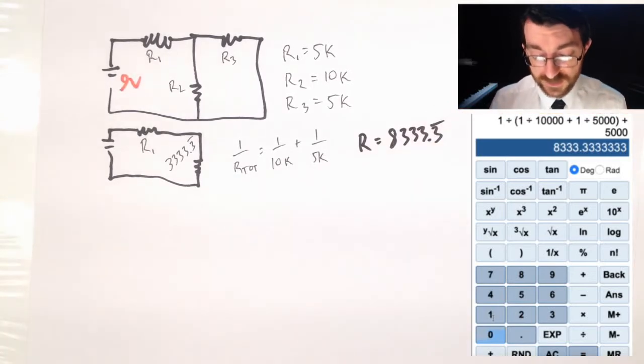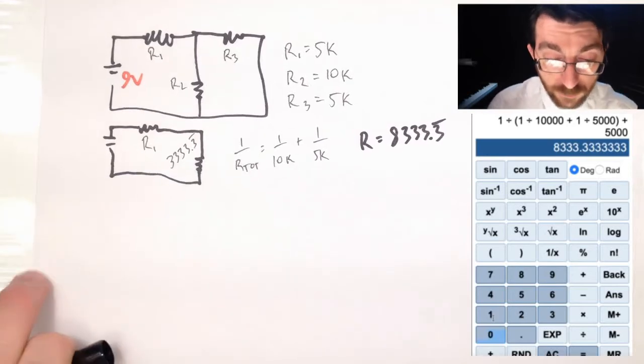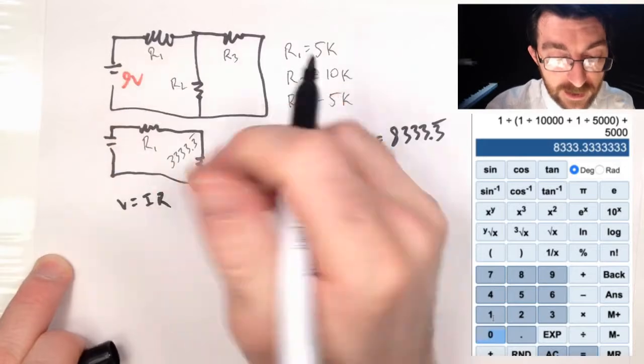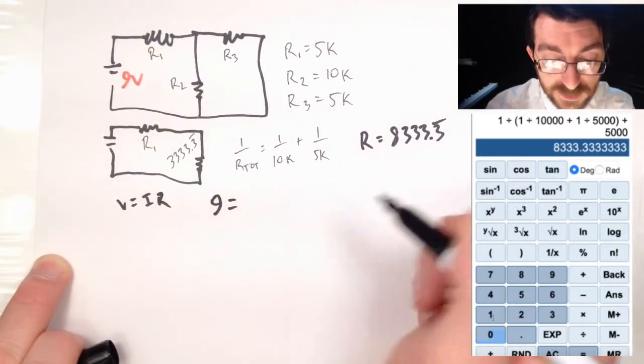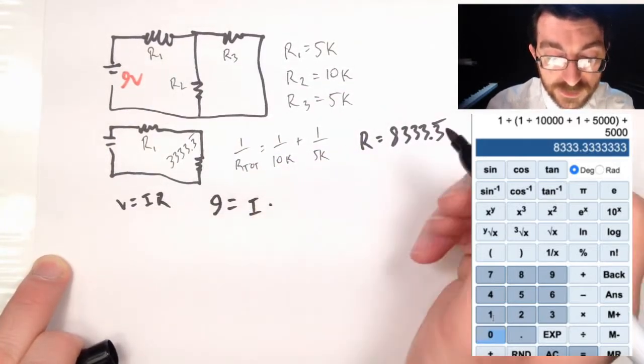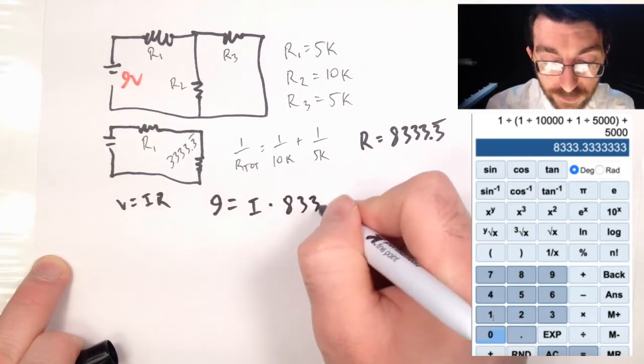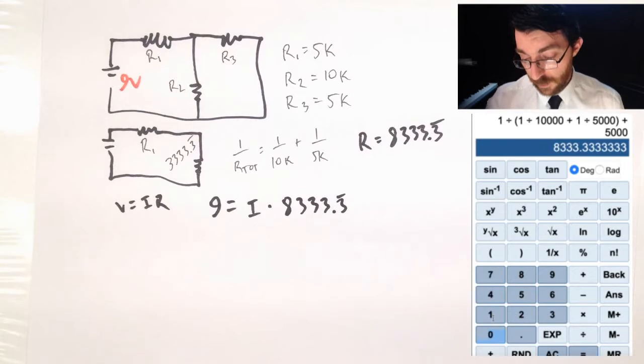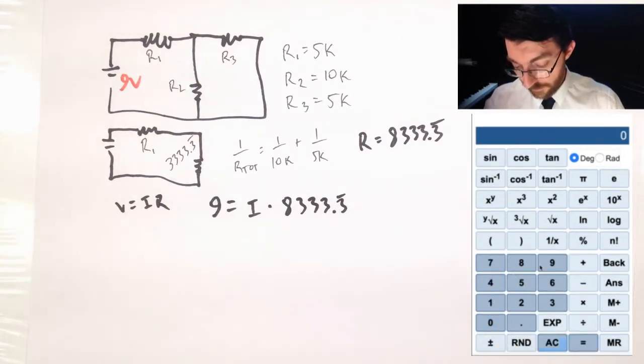That's the total resistance, so we should be able to find the total current now from Ohm's law. If V equals IR, and we have a 9-volt battery, that means 9 volts equals unknown current times 8,333.3 repeating ohms.